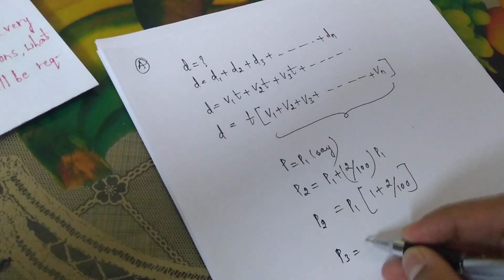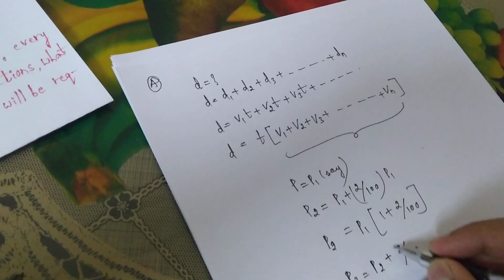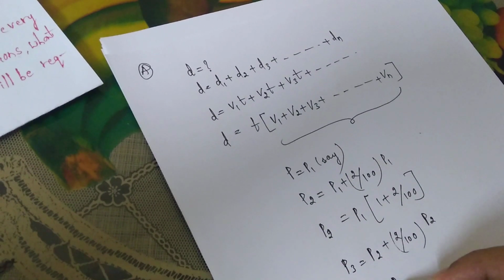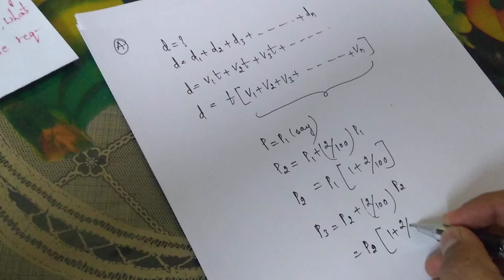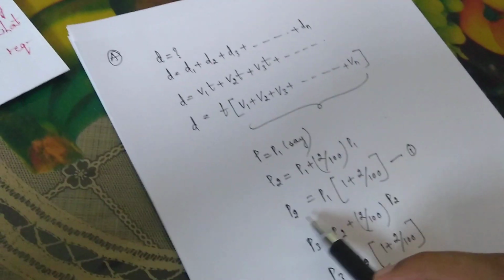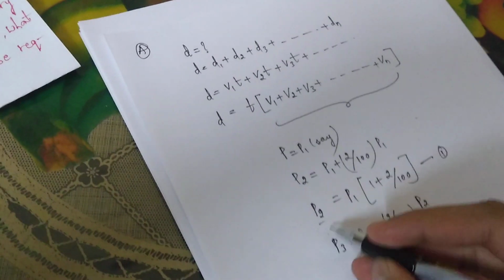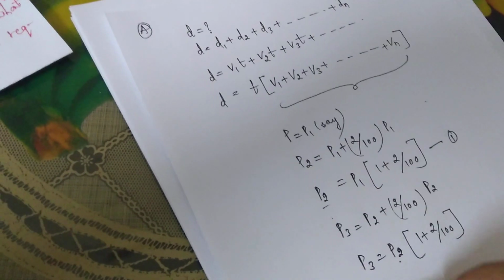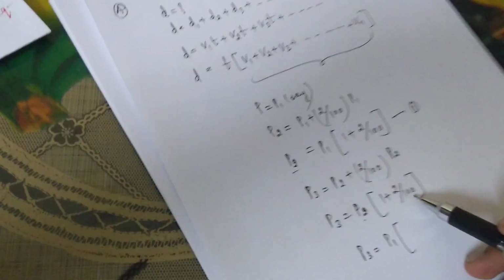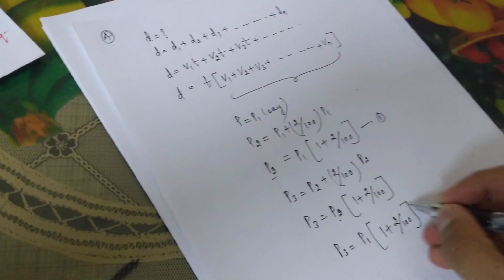The same thing: p2 plus 2/100 into p2, it increases by 2%, so p2 times (1 plus 2/100). This is p3. But from equation 1, we have p2 equals p1 times (1 plus 2/100). We are going to substitute this p2 value here. What are we going to get? p3 equals p1 times (1 plus 2/100) whole squared.